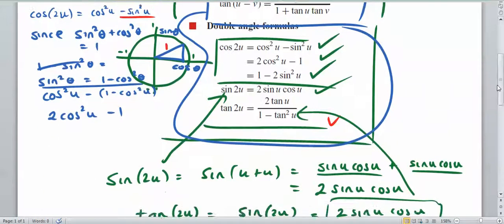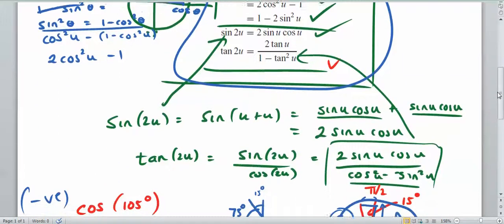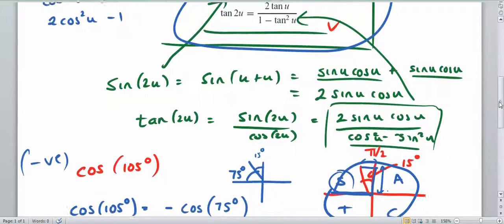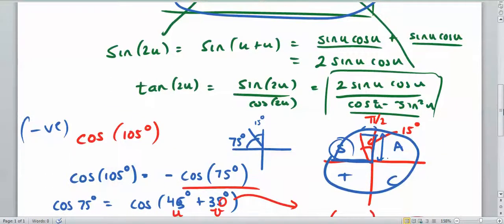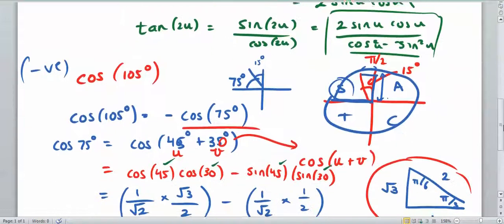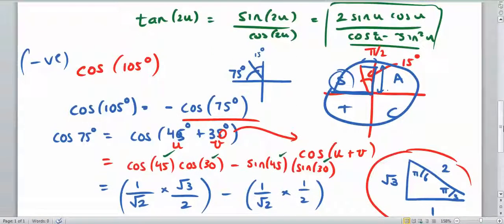But I'll let you get started on those. At the minimum, I'd like you to use the double angle formulas and also the addition formulas to try and find some exact values of sine, cos, tan, cosec, cot, etc. So I'll leave it there, and good luck.